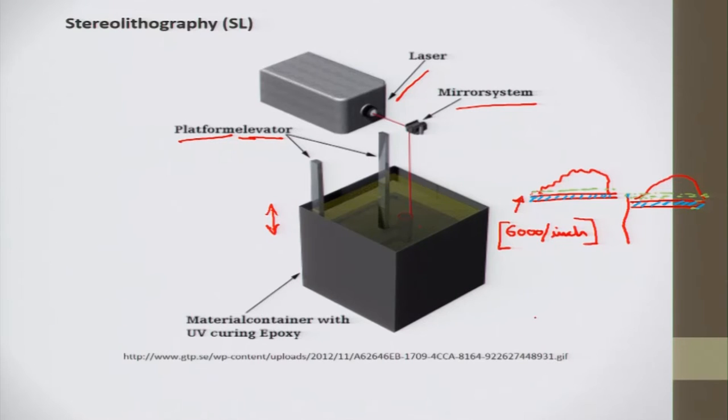So this has applications in producing the concept models. We will take another session regarding the applications of the rapid prototyping processes, but to broadly say, the concept models, that is to know the shape, size, feel of the model, these models are generated of the product that is wanted, and some master patterns.